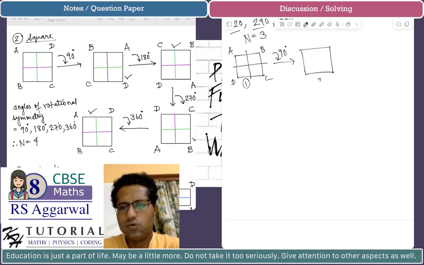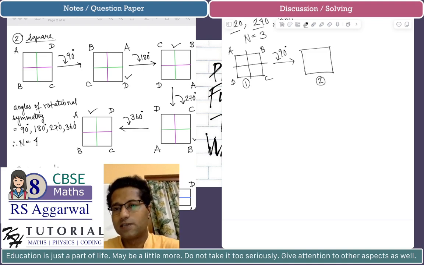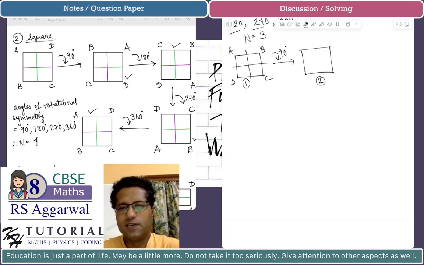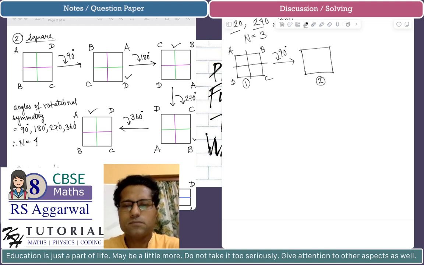This is position 2, but notice it will look exactly the same, but actually the position of the vertices will change. So what will happen? This will be A, this will be B, this will be C, and this will be D.